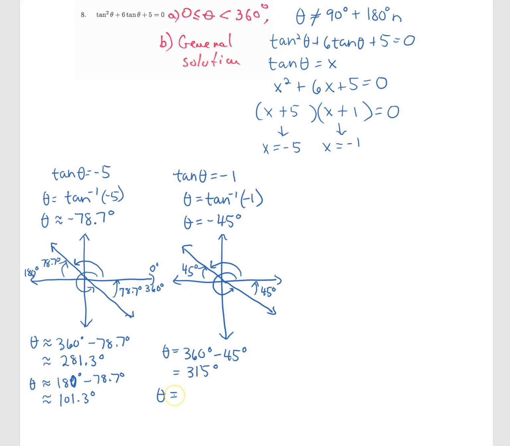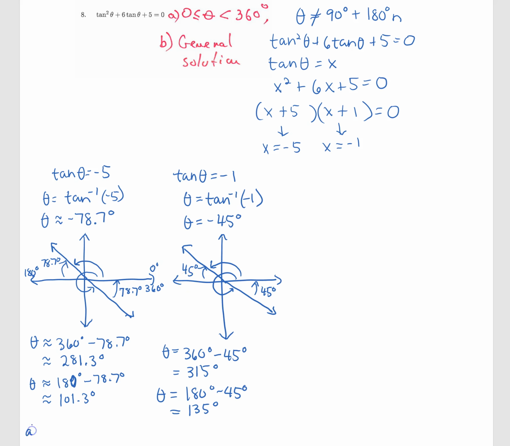And theta is also equal to 180 degrees minus 45 degrees, which is 135 degrees. So these are solutions for theta when theta is greater than or equal to 0 degrees and less than 360 degrees, because these are the options in one full circle on this coordinate graph.